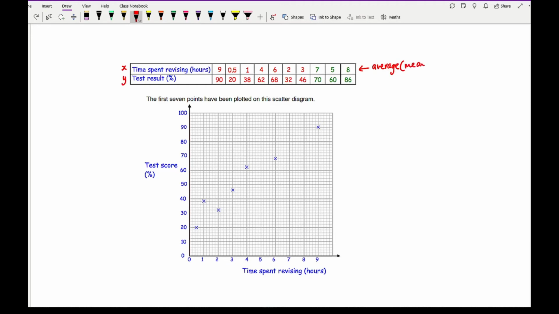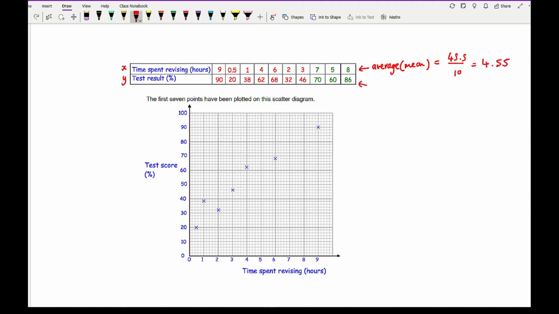Again, if I quickly work that out, I've got plus 1 plus 6 plus 3 plus, let's try this again. All in all, I get 45.5 divided by 10, as there are 1, 2, 3, 4, 5, 6, 7, 8, 9, 10 values, so that gives me 4.55.